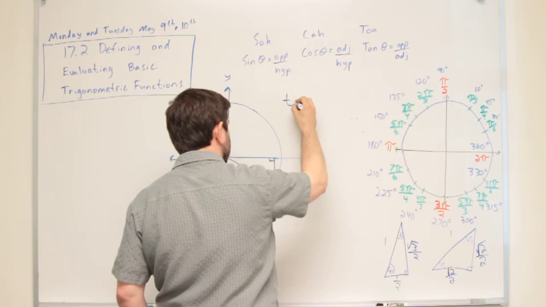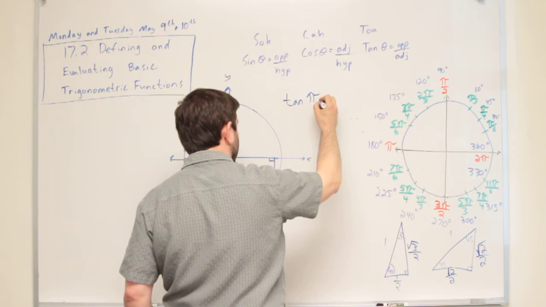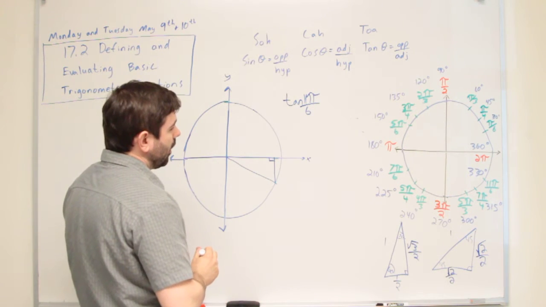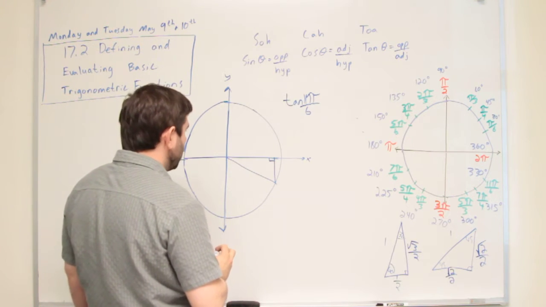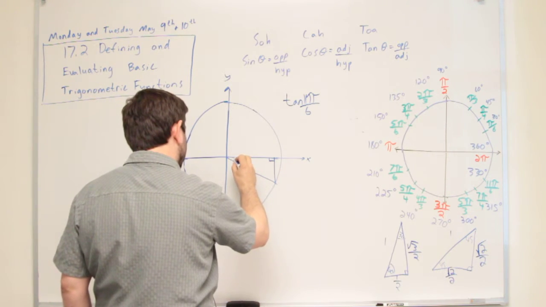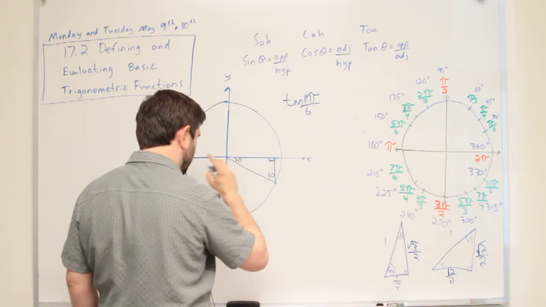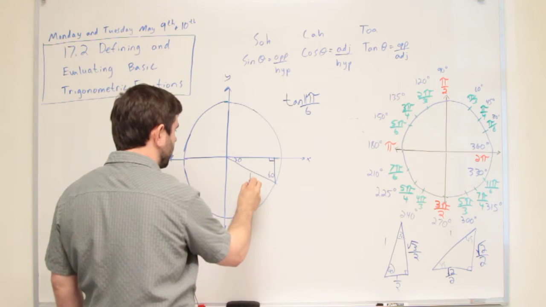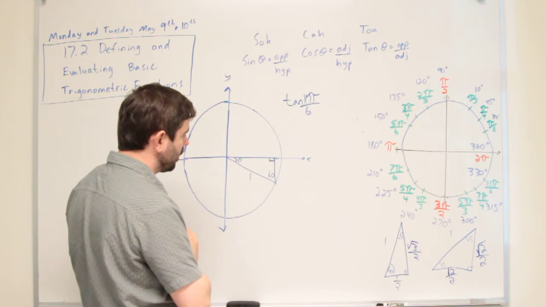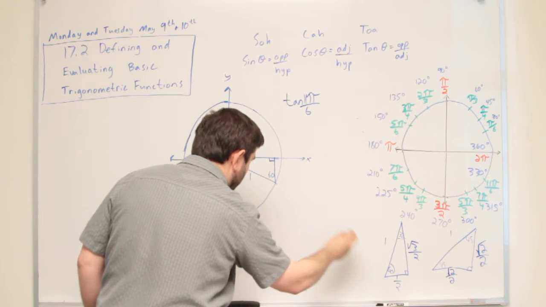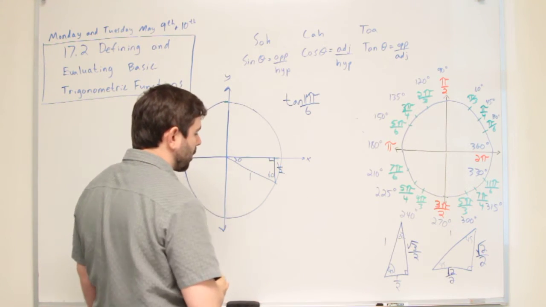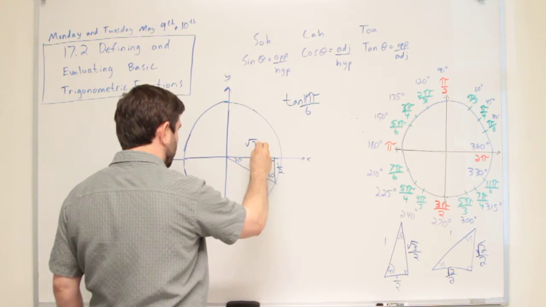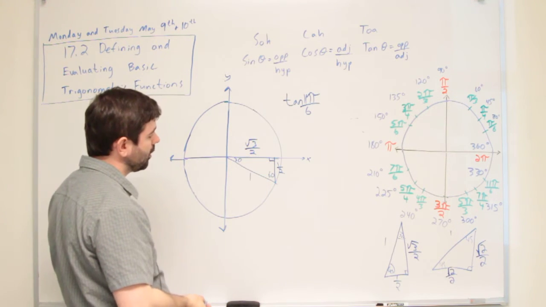We're going to do tangent of 11 pi over 6. This is going to be our 30-degree angle, our 60-degree angle. Look at our reference chart here. We know our radius is 1 because we are on a unit circle. Across from the 30-degree angle is 1/2. And across from the 60-degree angle is root 3 over 2.